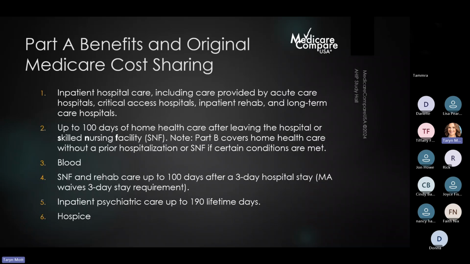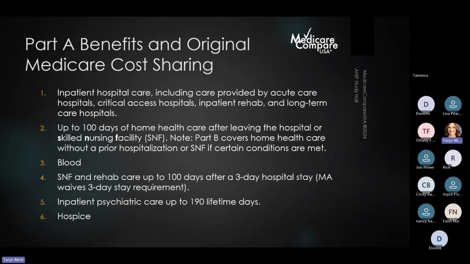So when they're talking about Part B covering home health without a lengthy hospital stay, that's going to be more in tune with your knee replacements, things like that, so that PT can come to the house. Not so much just them coming because you stayed in the hospital overnight.